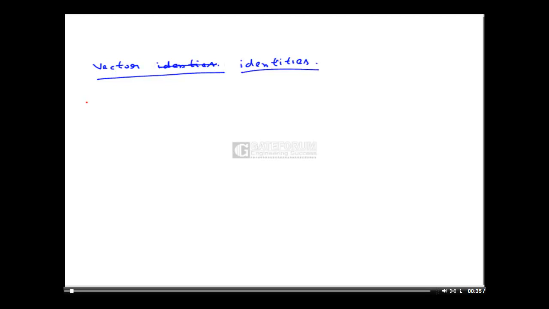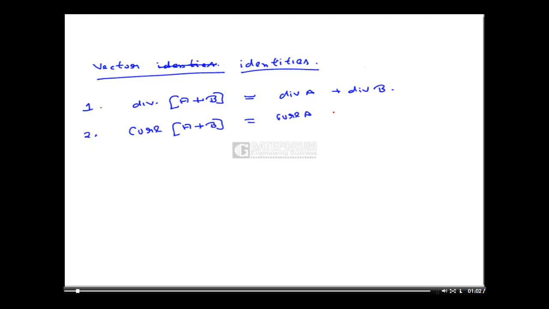The first one: divergence of the sum of two vectors is equal to divergence of A plus divergence of B. Okay, simple. Second one: curl of the sum of two vectors is equal to curl of A plus curl of B. Okay.